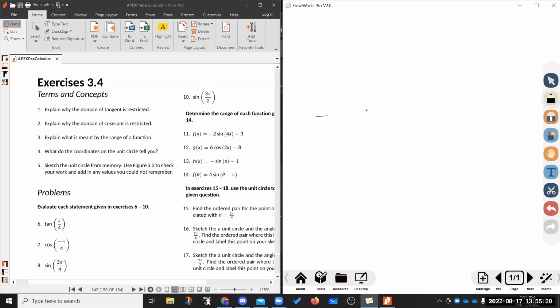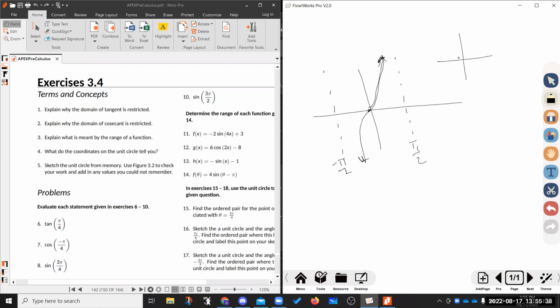So the tangent graph looks like this: negative pi over 2, pi over 2. It's bounded between there. It's positive over here and negative over there. Tangent has to do with slope.